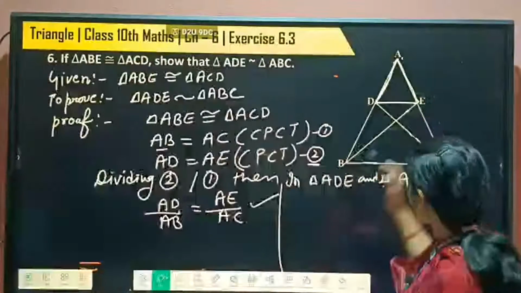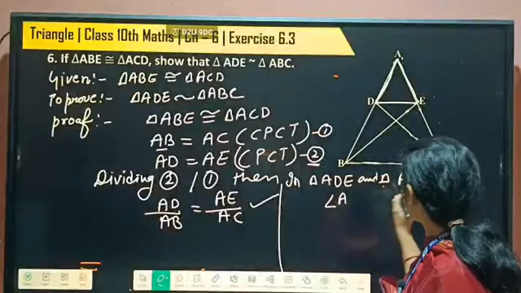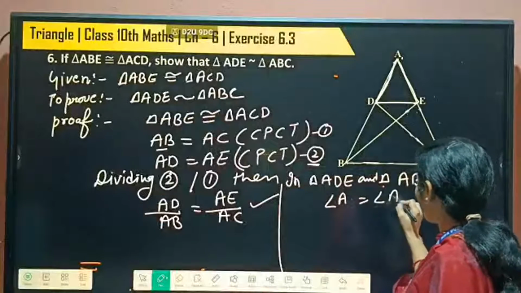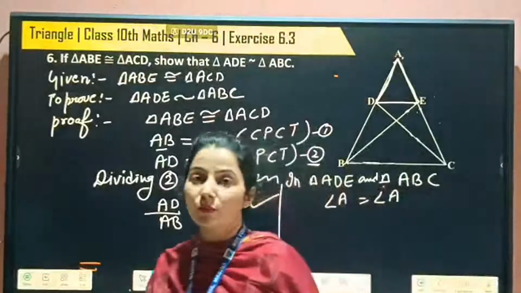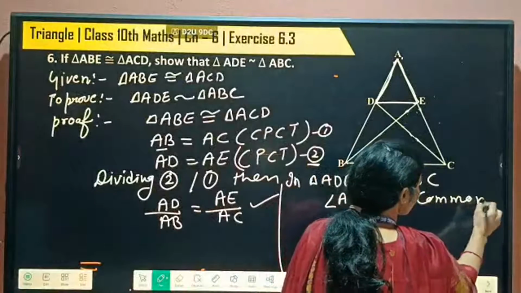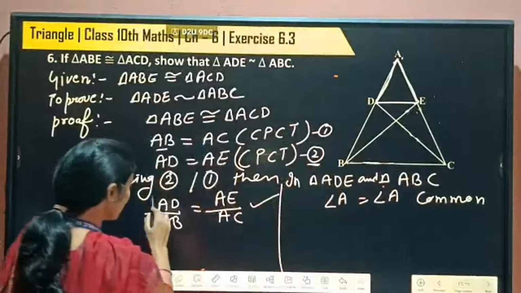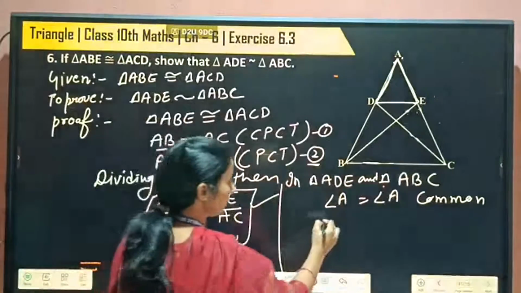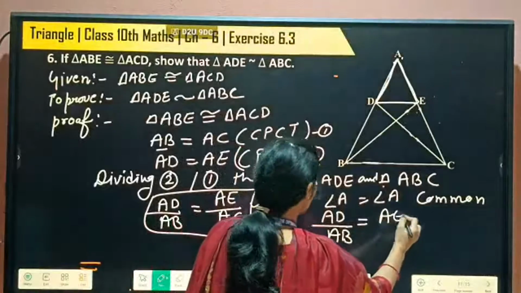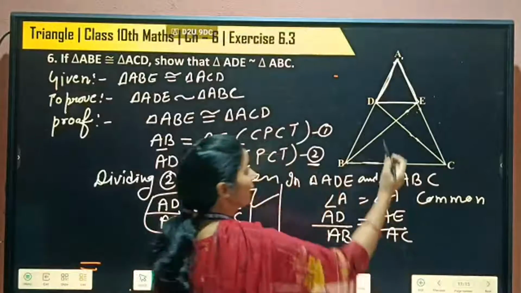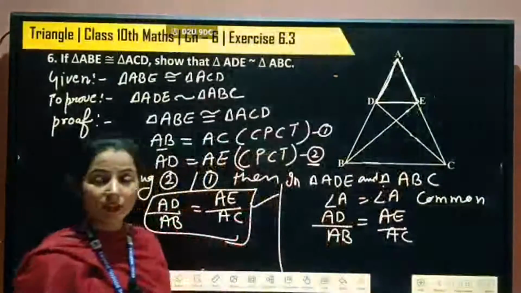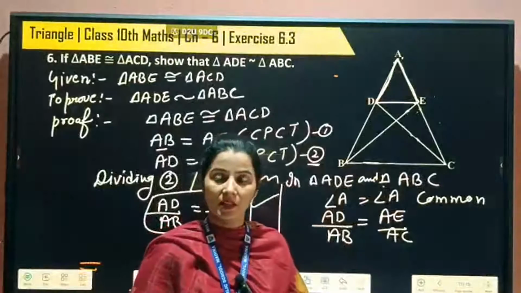In triangle ADE there is angle A, and in ABC also angle A. Angle A is common in both triangles. And you got this ratio, AD by AB equals AE by AC. Then these two triangles are similar by side angle side.